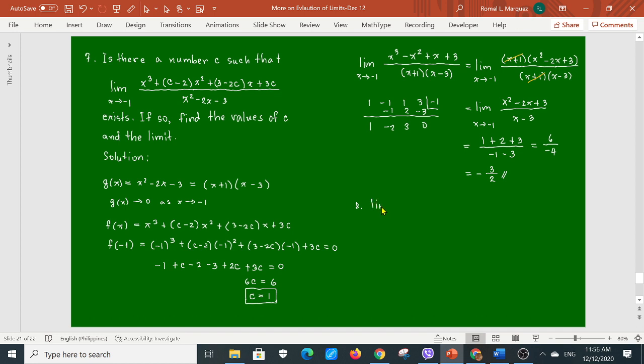So, what about this? Evaluate this limit.